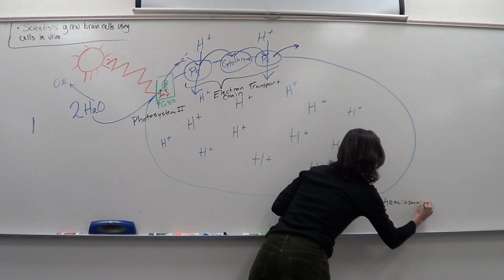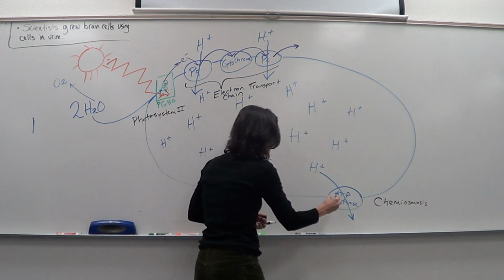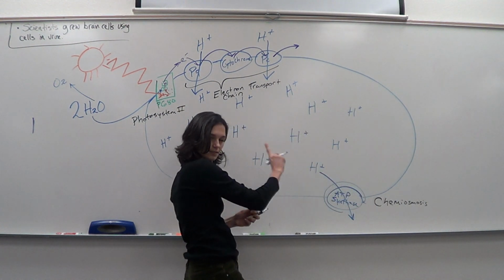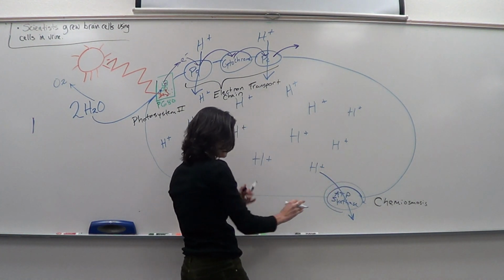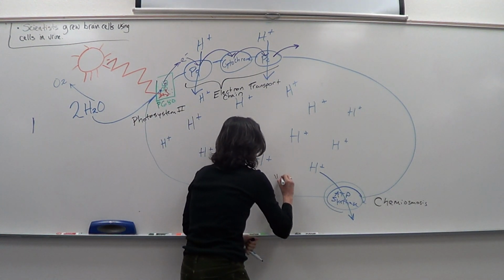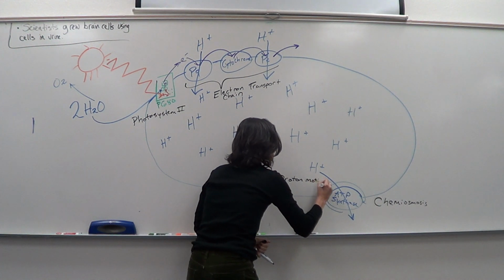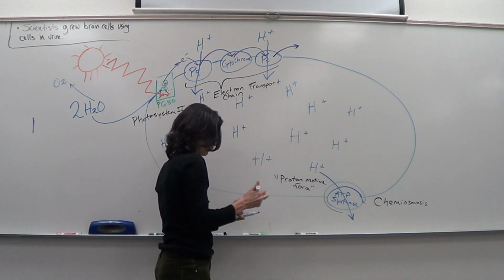Chemiosmosis. And as the hydrogen flows through, that is causing my ATP synthase to revolve like a revolving door. And so the force that is making this thing actually revolve is what we call our proton motive force. It's actually causing this revolution.